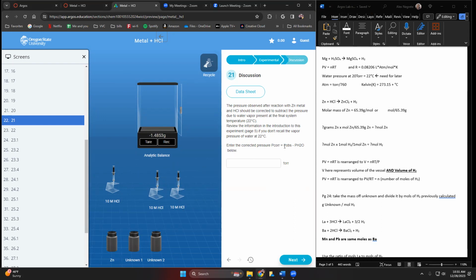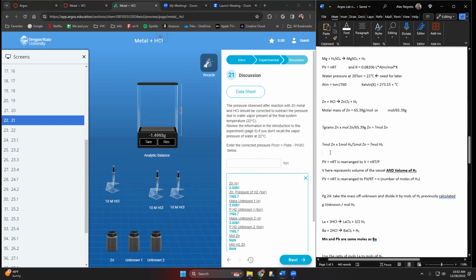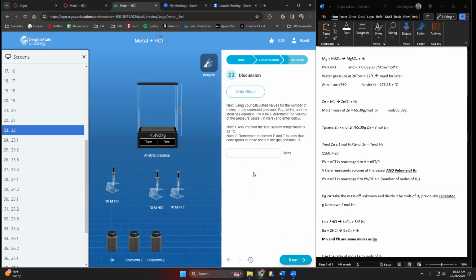So we're going to take the pressure of our observation, which was 1160.7, and we simply just subtract 20 from that. Our corrected pressure would be 1140.7 torr.